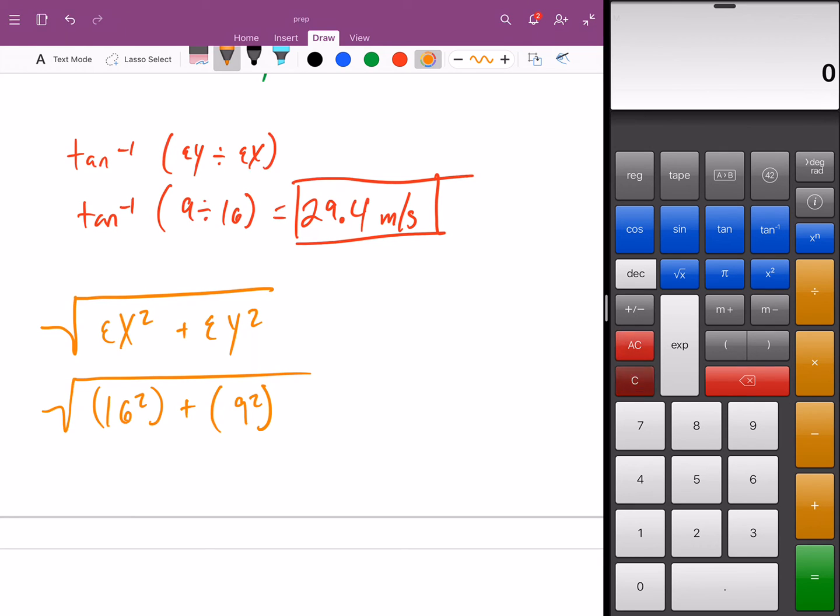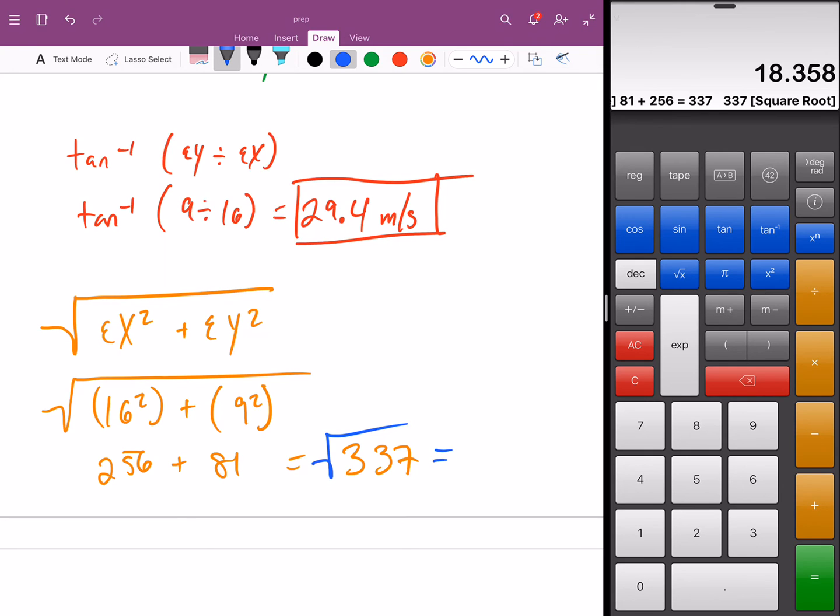Run it separately. 16 squared, 256, 9 squared, 81. Add them together. 337. And then finally square root, 18.3. Rounding up to 18.4 meters a second. This is your magnitude.